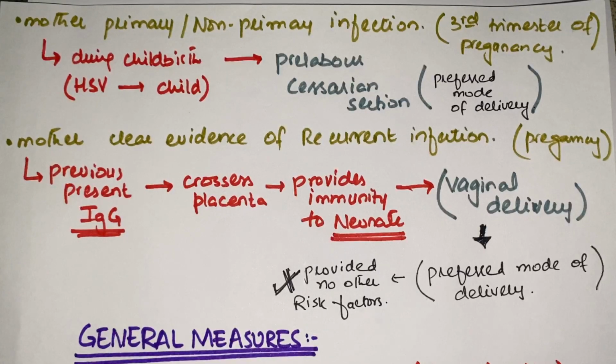That IgG will pass through the placenta to the child, and the child will develop passive immunity against herpes simplex, so we can easily go for vaginal delivery, provided there are no other risk factors for that patient. So this is the whole discussion of genital herpes.